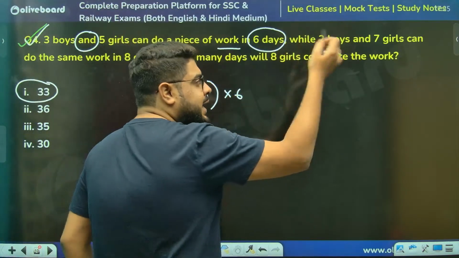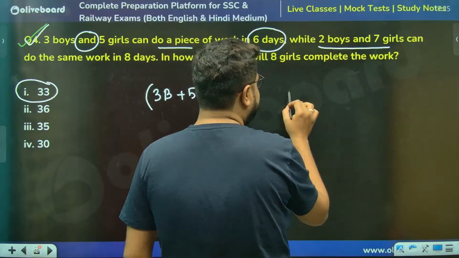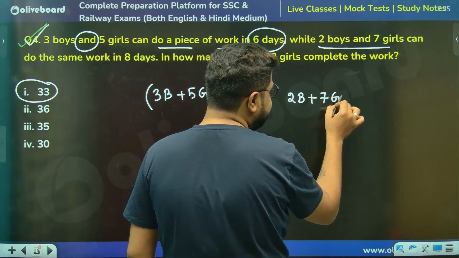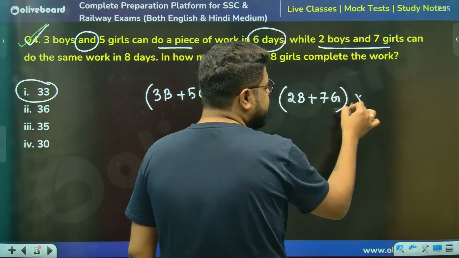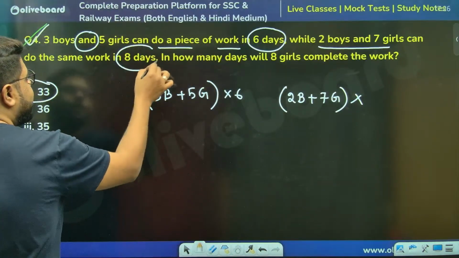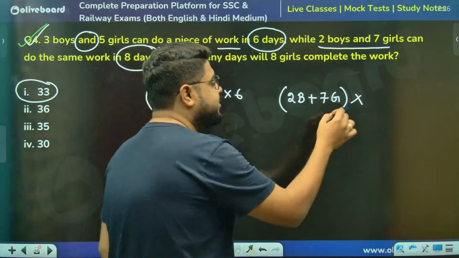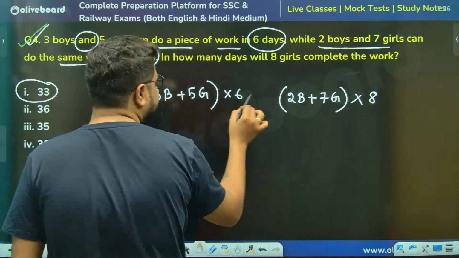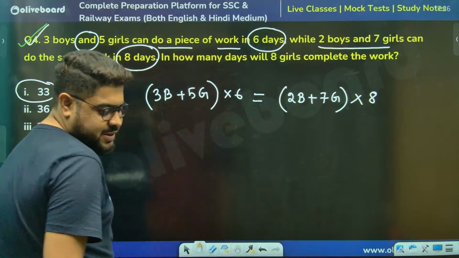Now, second situation, total work: 2 boys, 7 girls, 2B plus 7G is what they are doing in 1 day. They are working for 8 days. Now, there is a keyword here, same work. Meaning total work is equal to total work.